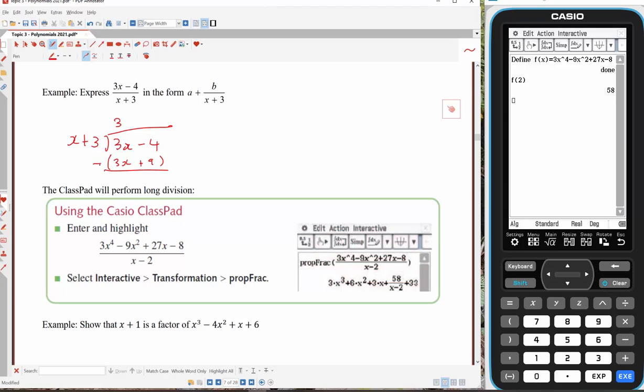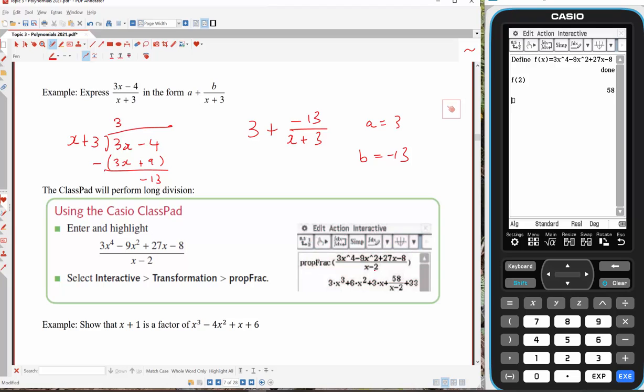Right, negative 4 subtract 9 is negative 13. Alright, so what that is, that goes into that 3 times with negative 13 left over, which we were trying to put in x plus 3. So we got it in the right form. So a is equal to 3 and b is equal to negative 13. There's a way to test on your calculator.